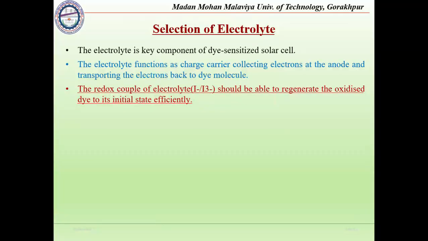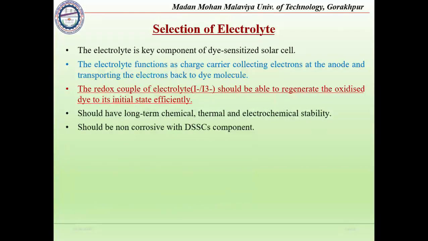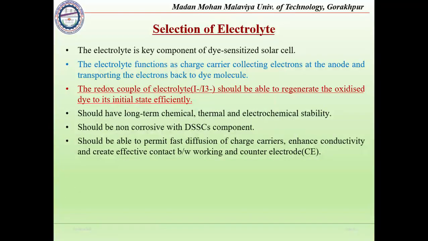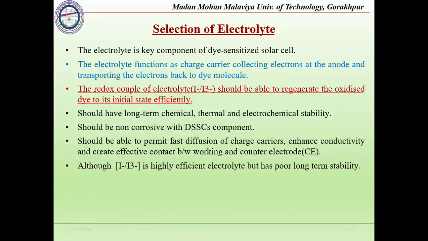The redox couple we use should be able to regenerate the oxidized dye efficiently. It should be long-term chemically and electrochemically stable, and non-corrosive to the dye-sensitized components. It should permit fast diffusion of charge carriers, enhance conductivity and create effective contact between the working and counter electrodes.